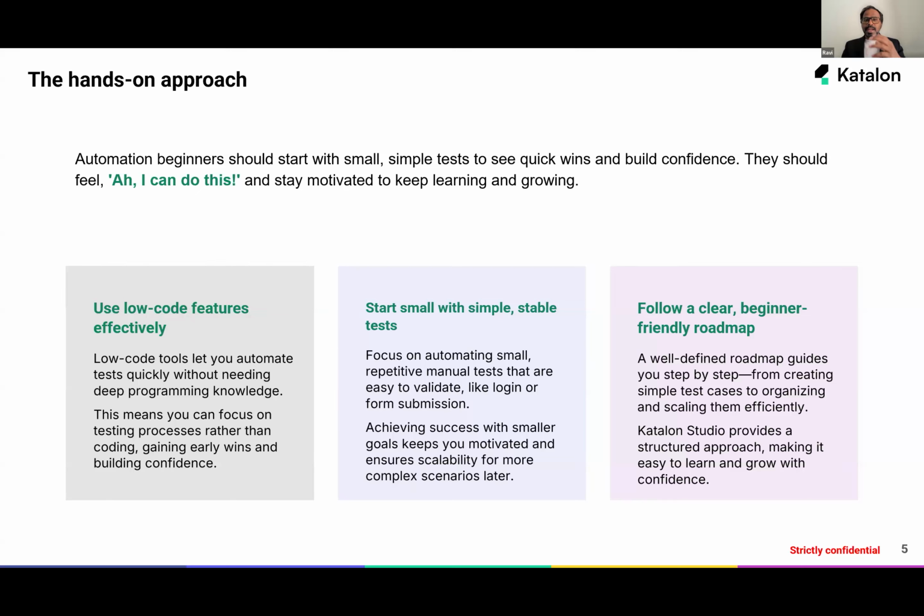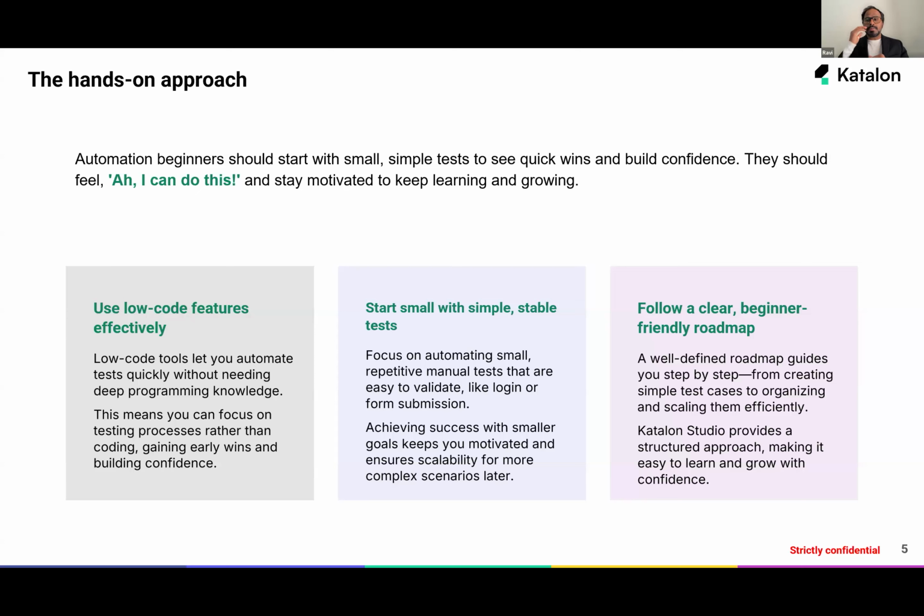So which eliminates the need for the coding. And then beginners can quickly automate basic scenarios and see immediate results, reinforcing your understanding of automation workflows with the low code features.